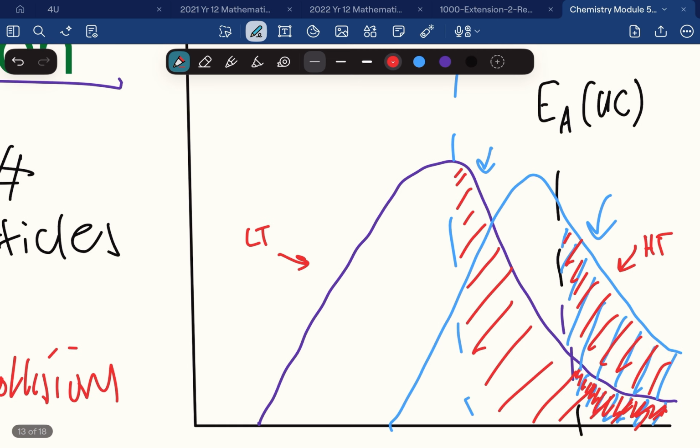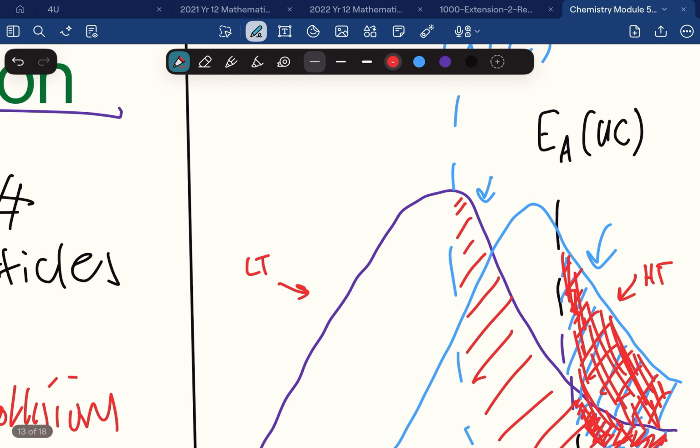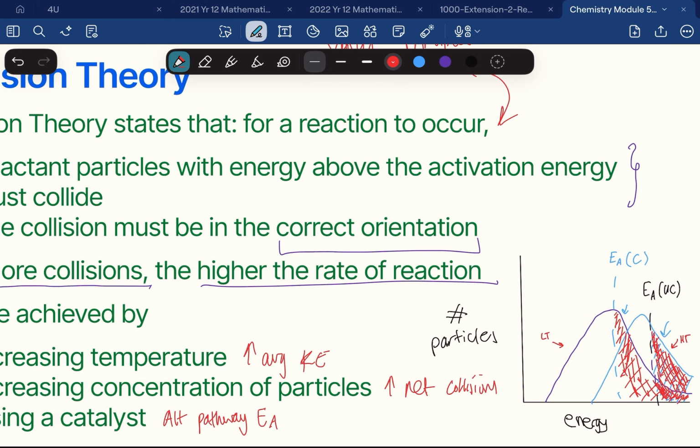In the uncatalyzed reaction, only these particles can react successfully because they have energy above this. But for the catalyzed reaction, the activation energy is much lower, so all of these particles are able to react, which is a lot more than these ones.